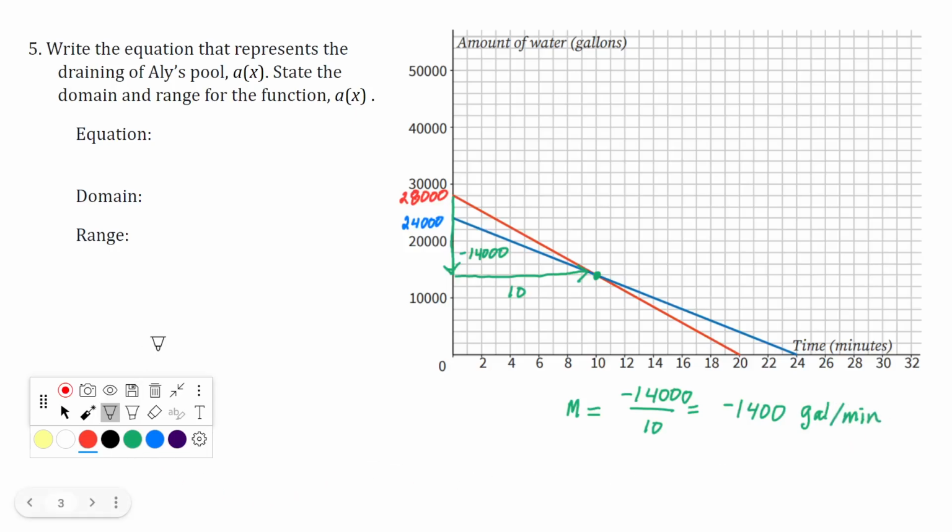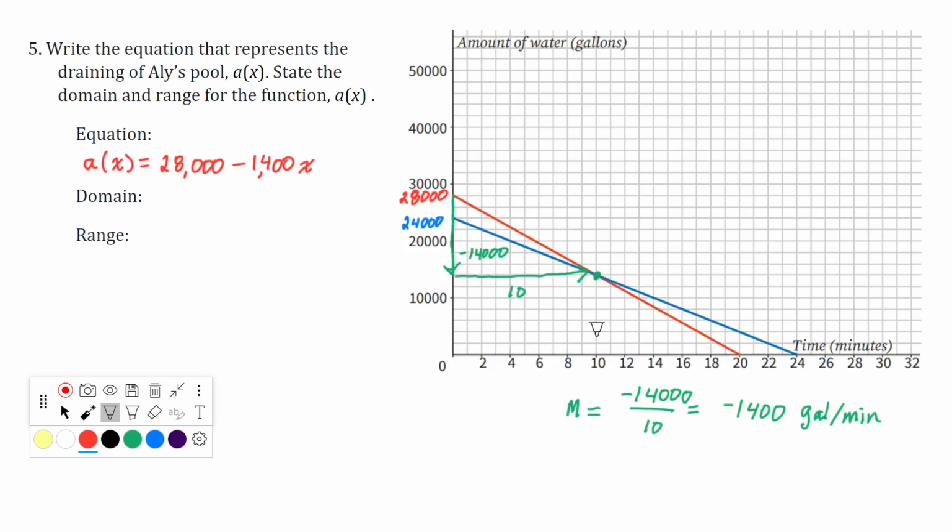So for Allie's equation, we're using A of x. Her initial value is 28,000, and hers is decreasing at a rate of 1,400 gallons per minute x.